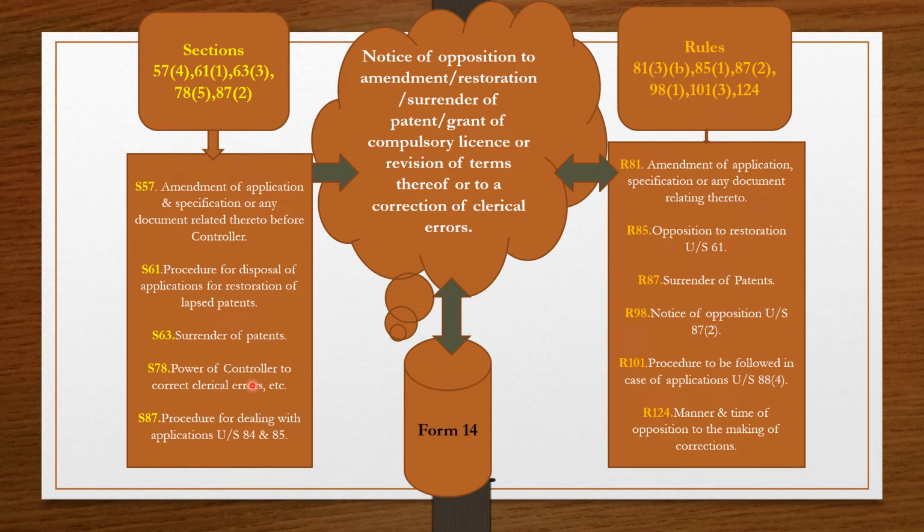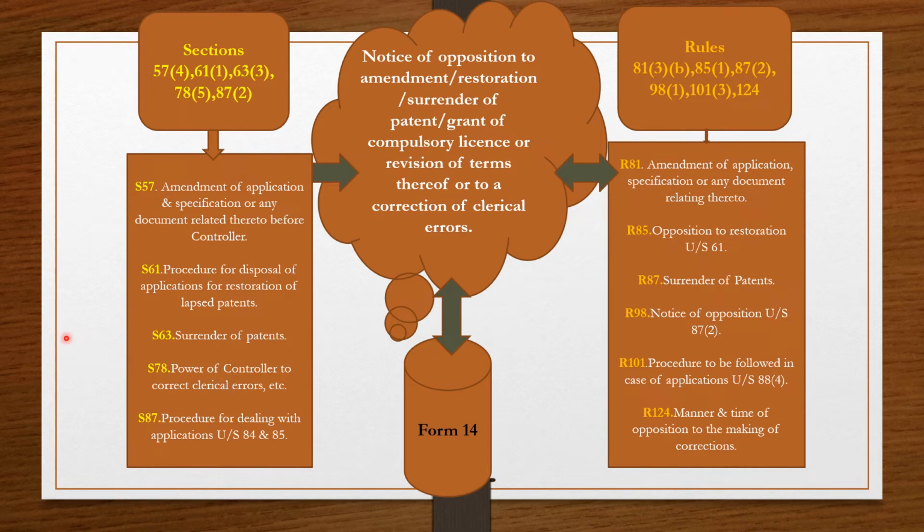As a whole you can see there are a number of keywords: amendment, restoration, surrender, grant of compulsory license, revision of terms, correction of clerical errors. Here you can relate these terms. Section 57 amendment of application, rule 81 amendment of application.